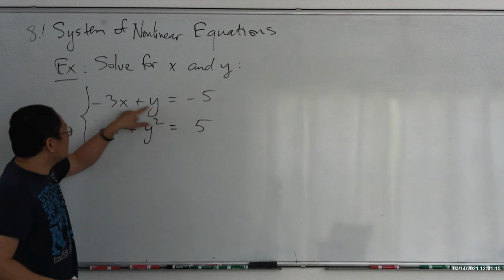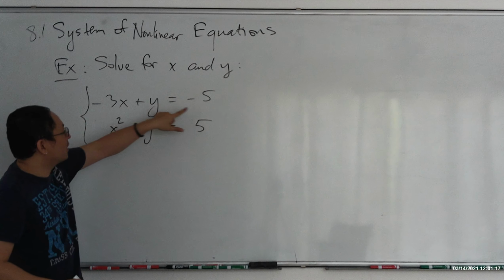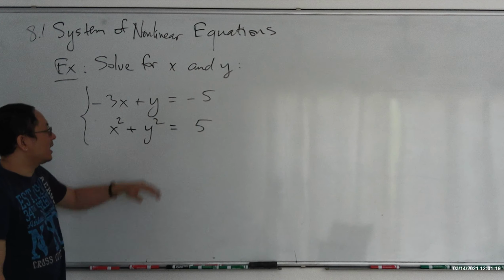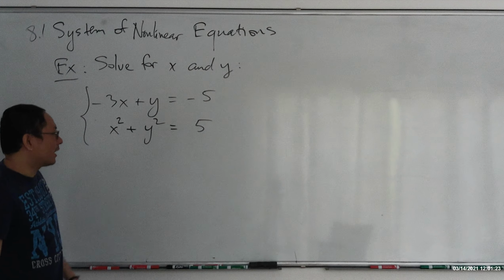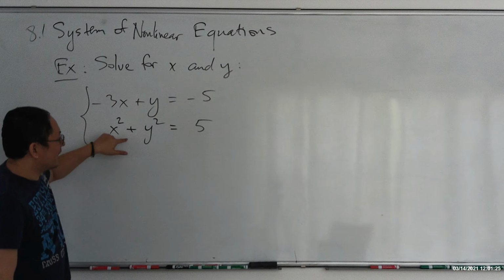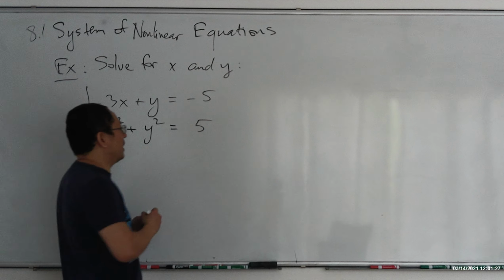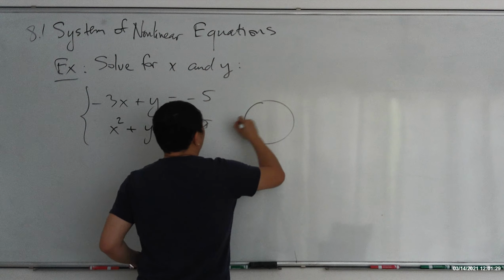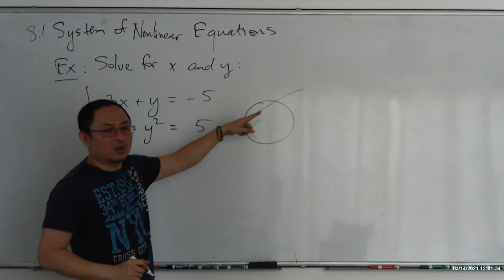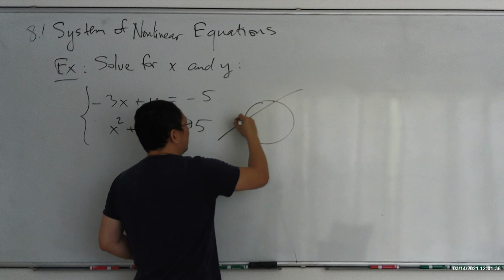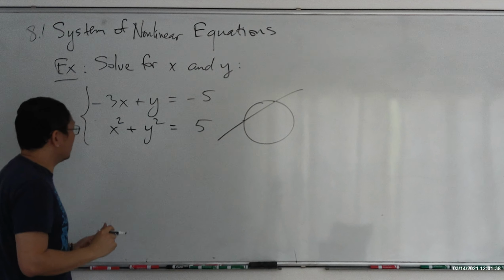The first equation is linear, negative 3x plus y equals negative 5. That's linear, but the second one is not linear. So the whole system makes it nonlinear. And graphically, the first one is a line, the second one is actually a circle, for your information. So we have a circle and we have a line. So if the circle intersects the line at 2 points, then you may have 2 solutions, or maybe 1 solution, maybe no solution, who knows.